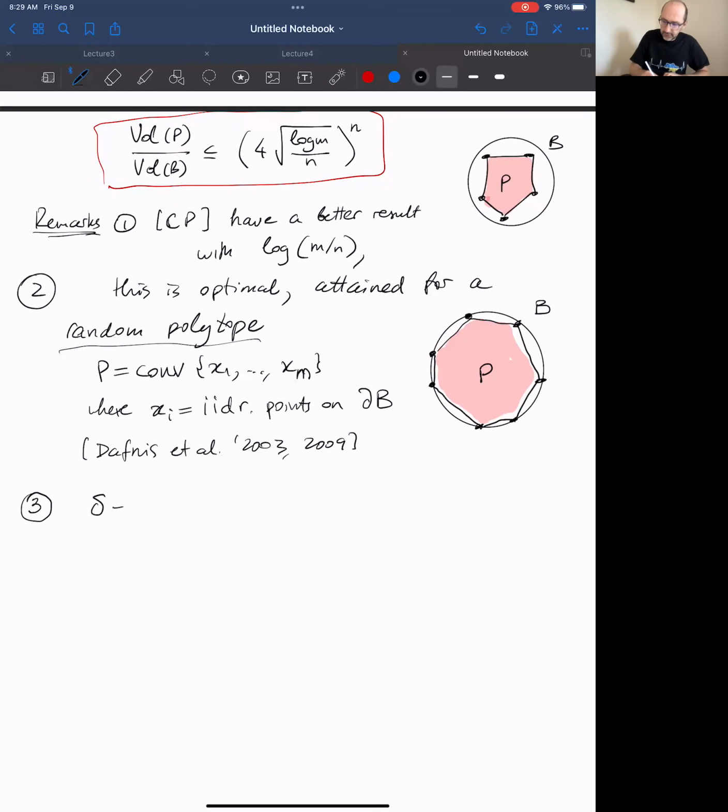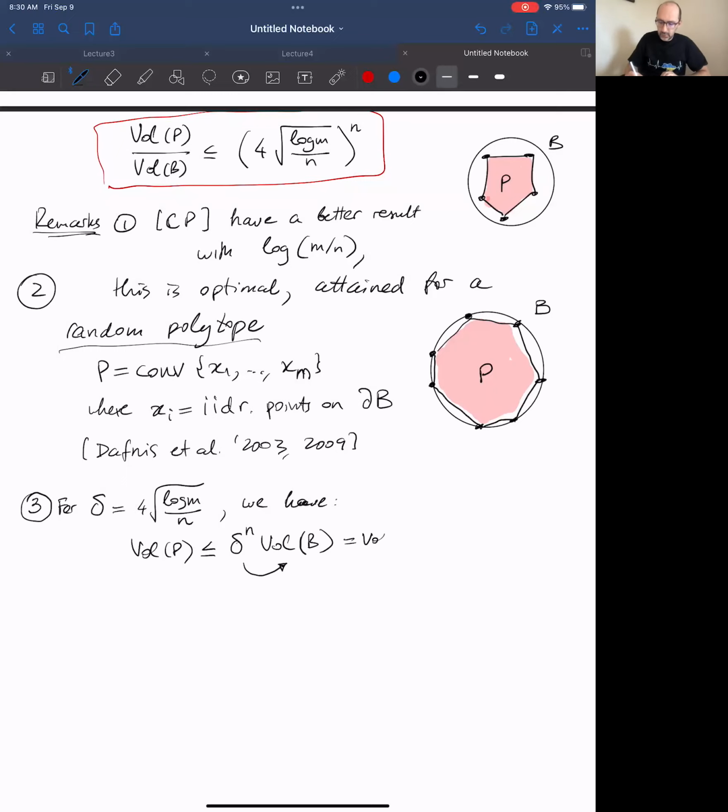Okay, so the right hand side has this strange number. Let's say the number is 4 root log m over n. For this number, the theorem says that the volume of P, the volume of the polytope, is bounded by delta to the n times the volume of B. Just rearranging the terms here, it's just a mental experiment, bring delta inside.